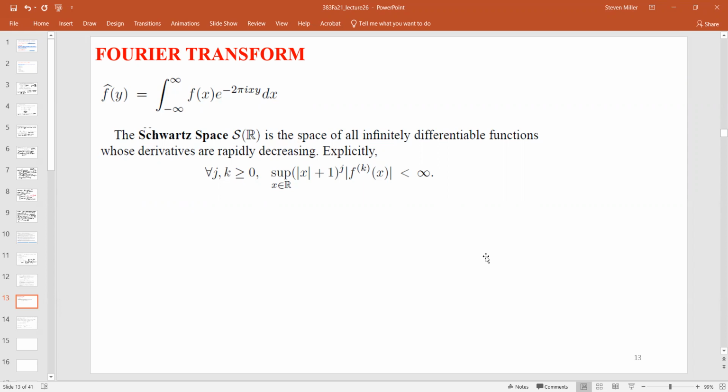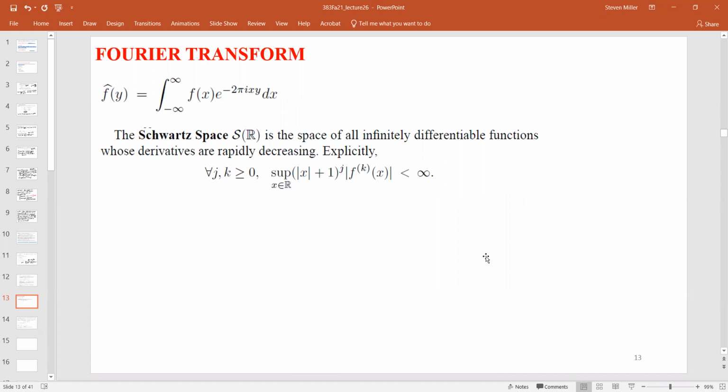Why am I doing the absolute value of x plus 1? Well, this way, if I take x going towards 0, it's still going to be okay, and I'm not going to be multiplying by 0. So for instance, if my function was blowing up at the origin, but I'm multiplying by a huge power of 0 at 0, I don't want that to really cause me trouble.